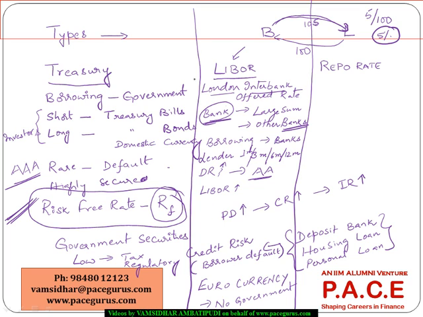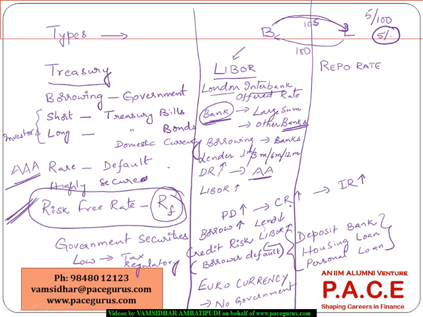And what we see is that the rates are market determined. If the borrowings of a particular currency, say the borrowing of US dollars, are more than the lending of US dollars, then the LIBOR will increase.